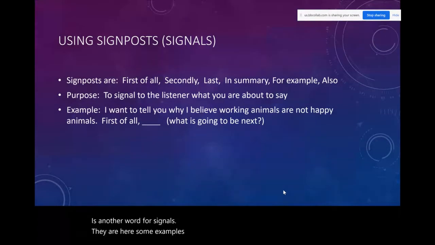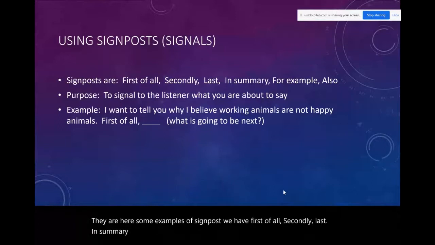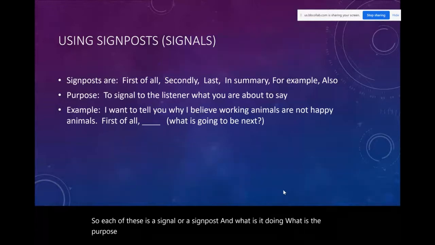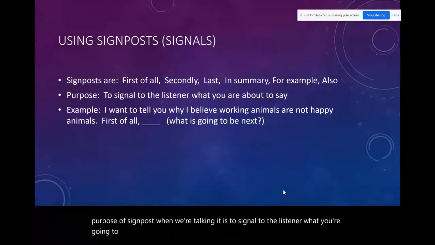We have first of all, secondly, last, in summary, for example, and also. So each of these is a signal or a signpost. And what is the purpose of a signpost when we're talking? It is to signal to the listener what you're going to say next.